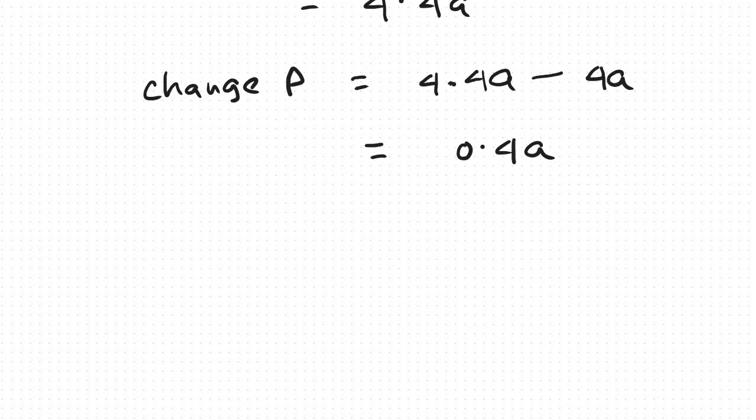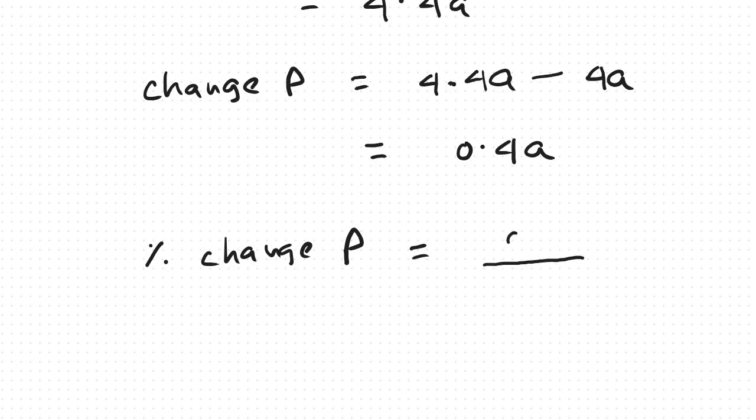So the percentage change in perimeter equals the change, which is 0.4a, divided by the previous perimeter, which is 4a, times 100.